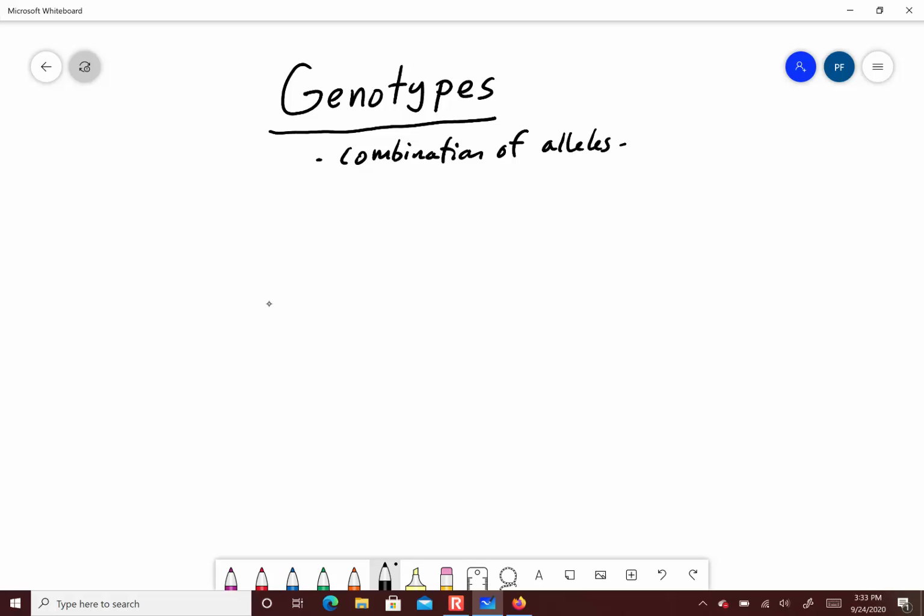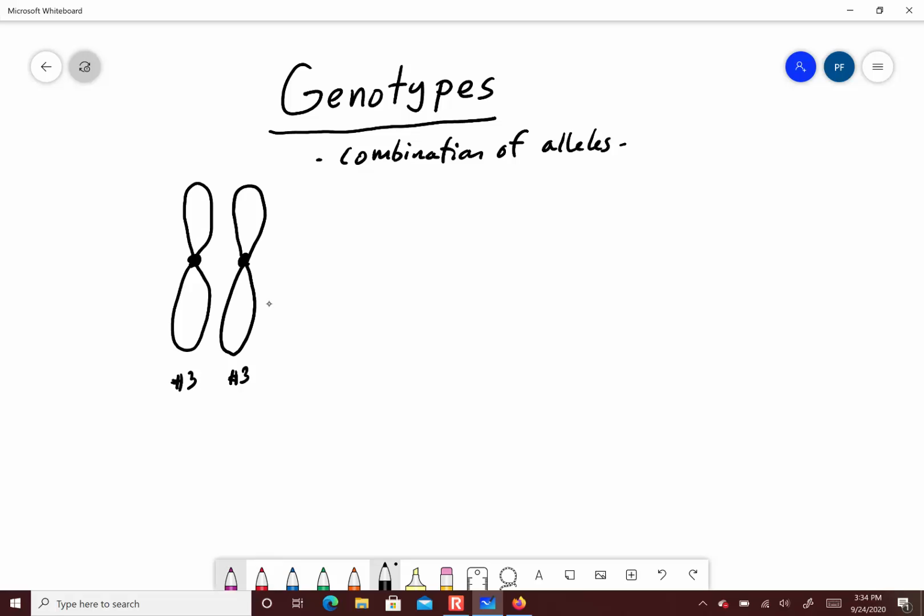So the pair of chromosomes that we have is our homologous pair. We saw this last time where if this was a number 3, this other chromosome is a number 3. That's a homologous pair of chromosomes.